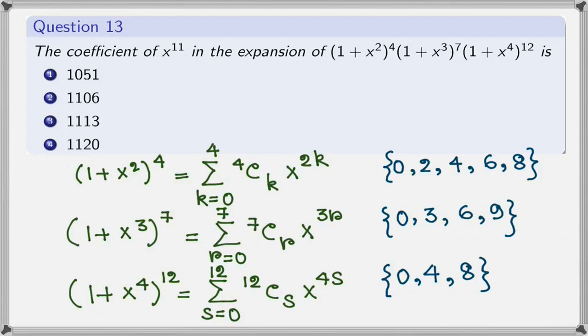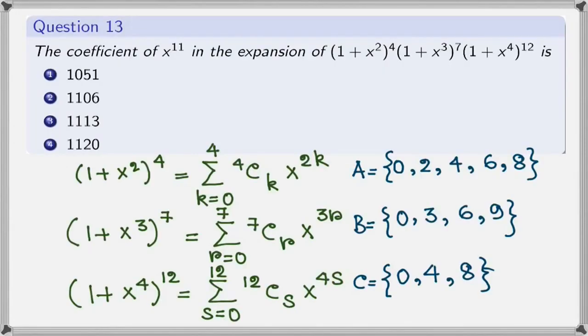Let us call the first set as A, the second set as B and the third set as C. Now we will see the possible choices of writing 11 as a sum of three integers, one coming from the set A, one from the set B and one from the set C.